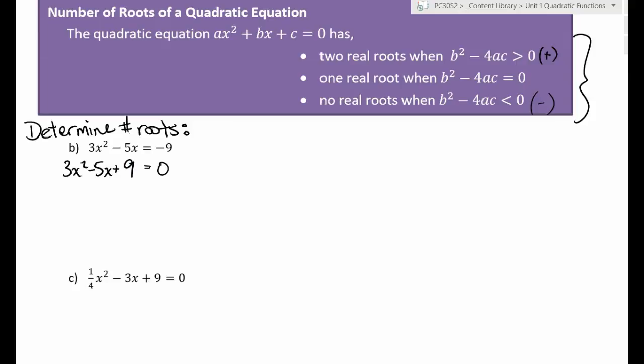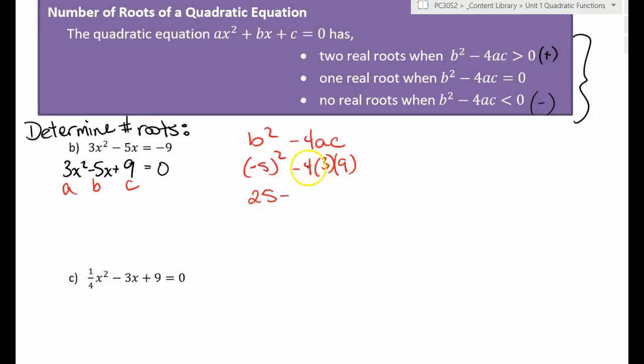Now I can plug a, b, and c into my discriminant. That's going to be negative 5 squared, because remember it's b squared minus 4ac. So negative 5 squared minus 4 times 3 multiplied by positive 9, which gives me 25 minus 4 times 3 times 9.